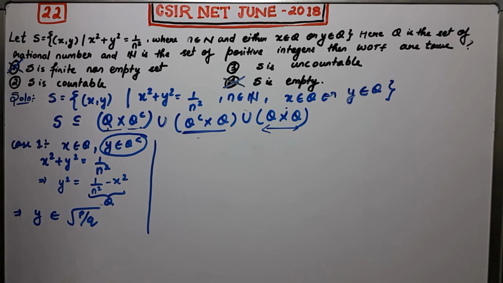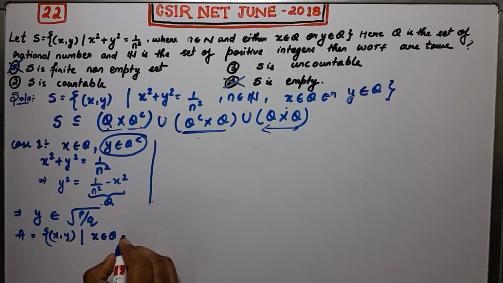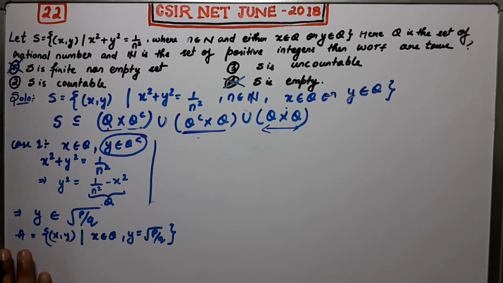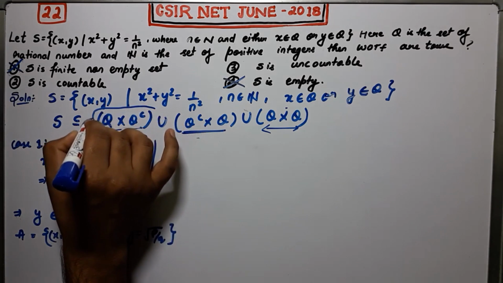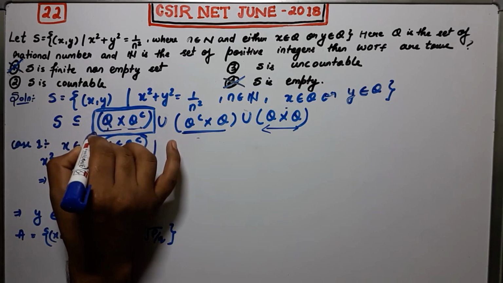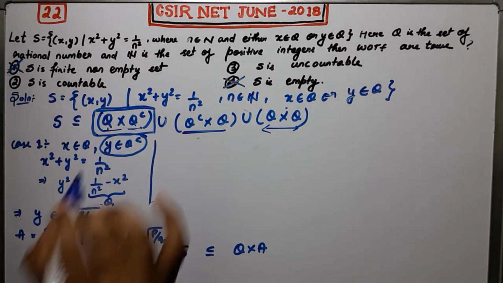Now in your case 1, let us take this thing as the set of X comma Y such that X belongs to Q and Y is of type root P over Q. So this is your A set. I am defining this set to be A. Now what I have written earlier can be replaced by Q cross A. You don't have to take the whole Q complement.